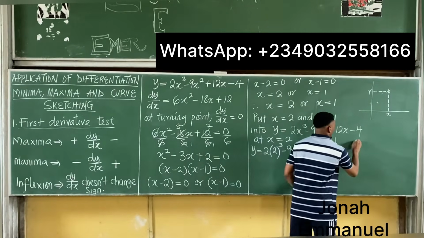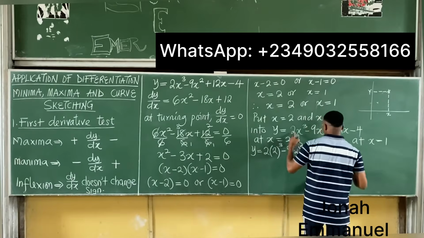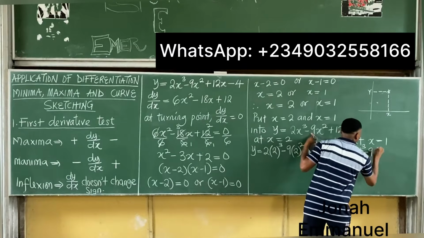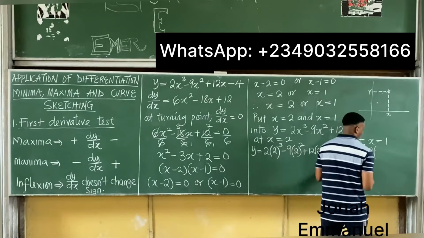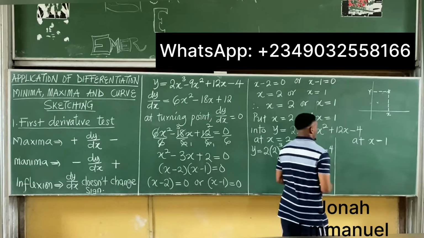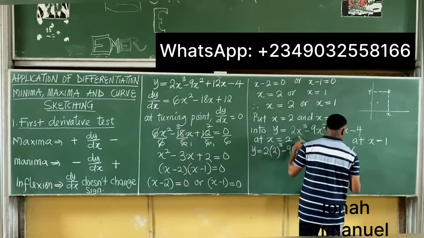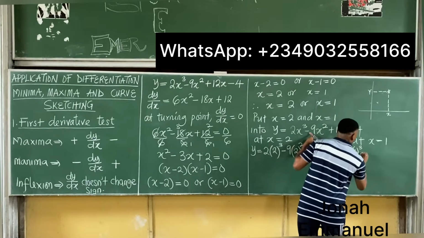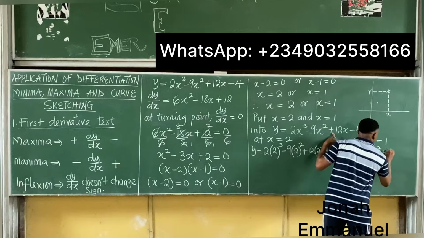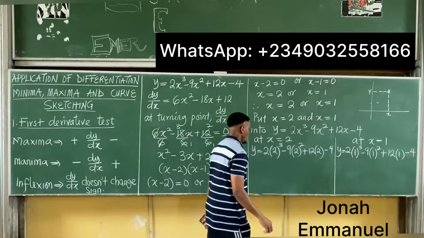Also, at x equal to 1, what's y? y is equal to 2 into 1 cubed, minus 9 into 1 squared, plus 12 into 1, minus 4. I have this. All right, let's get this done.